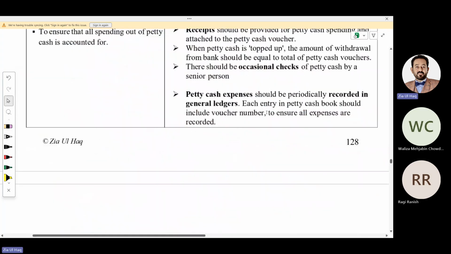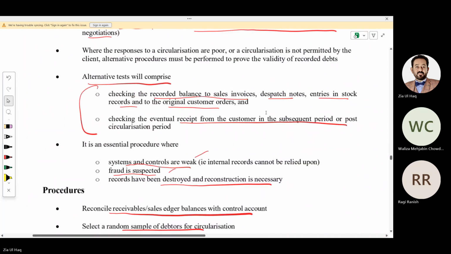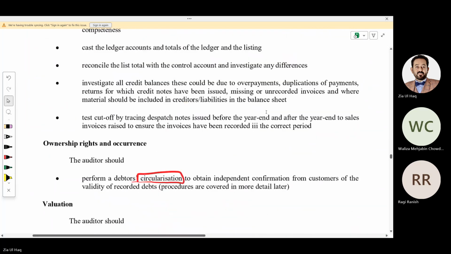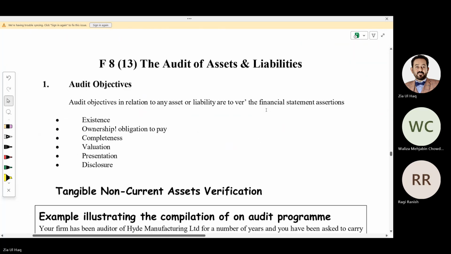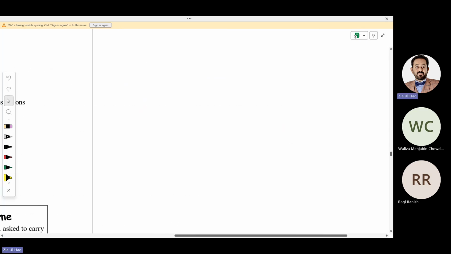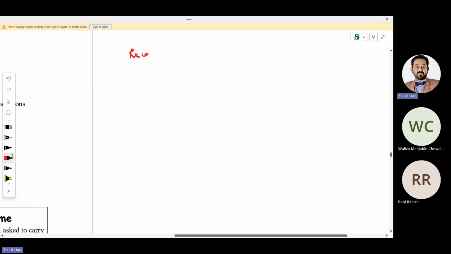So moving next. We have covered receivables, substantive procedures of receivables. We have covered substantive procedures of payables.